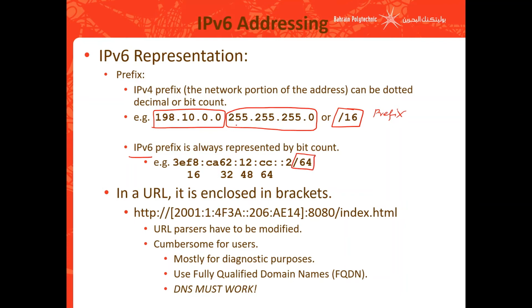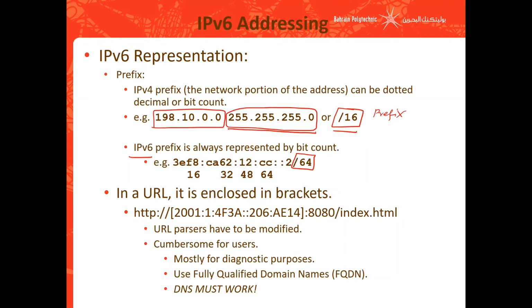In IPv4, you can either write the subnet mask or write the prefix. It's not mandatory that you should only follow prefix or only follow subnet mask. It's up to you. But in IPv6, we always write it with the prefix, okay? And you don't need to write the subnet mask for it, okay?